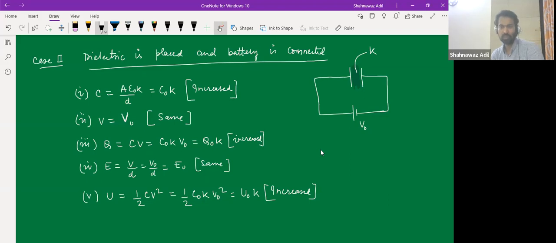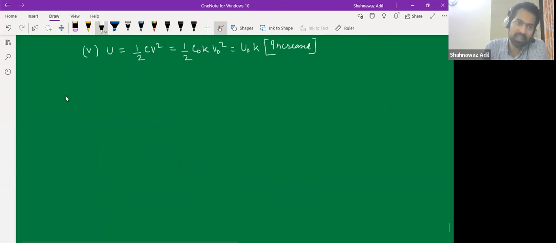Done. So now let us understand the third case, which is when the battery is disconnected.